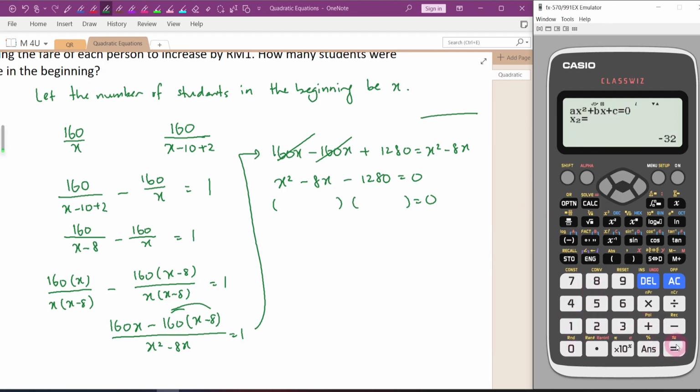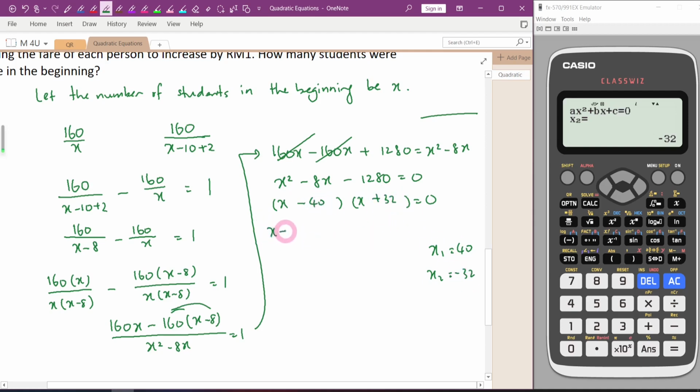x1 is equal to 40, x2 is equal to negative 32. So same thing, these two are integers, I can write x inside the parentheses, okay? Positive, I write negative. Negative, I write positive.